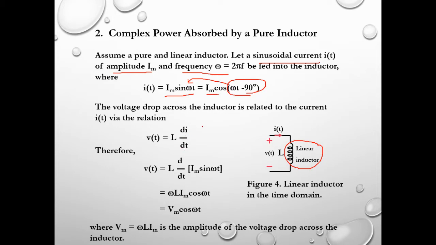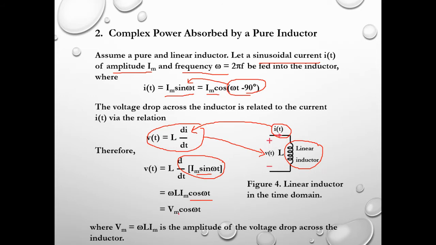Substituting i(t), we get L d(Im sin omega t) over dt. Differentiating this gives omega L Im cos omega t.